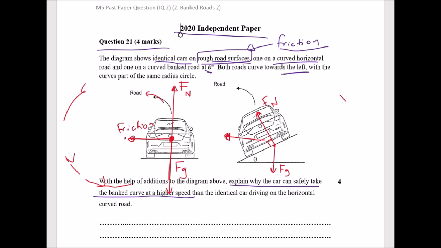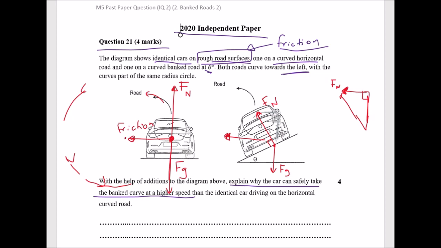So if I draw Fn out like this, and then draw another angle here, it's a right angle triangle. So just so you can picture with me, it kind of looks like that.